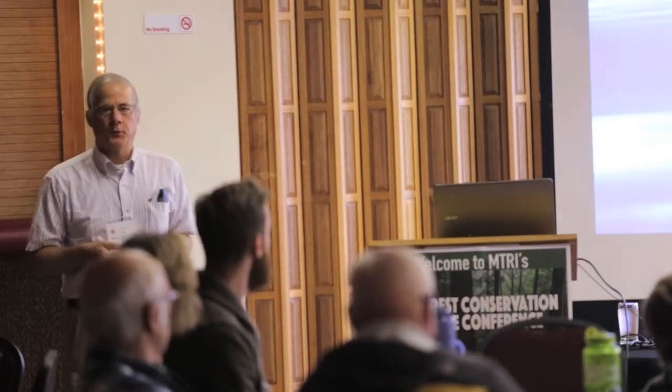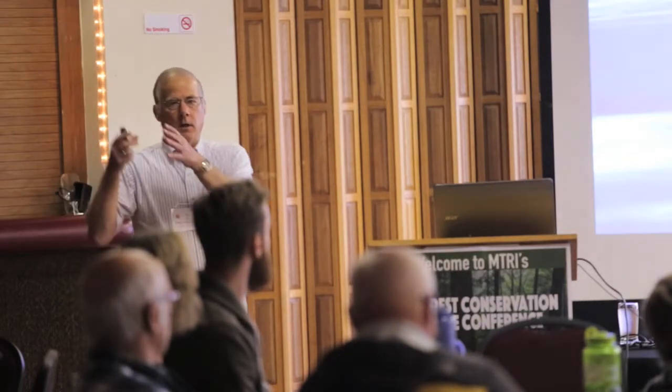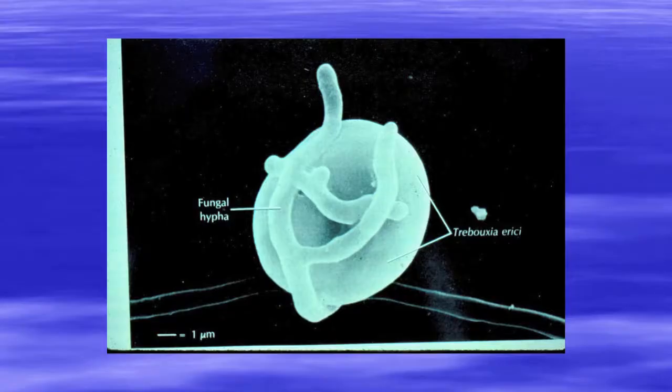When the lichen is going to reproduce, a lichen doesn't reproduce as a lichen. The fungal spore from, let's say, this lichen over here blows onto another tree and starts to germinate.